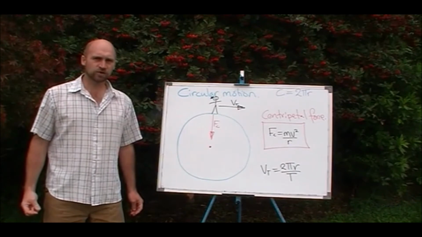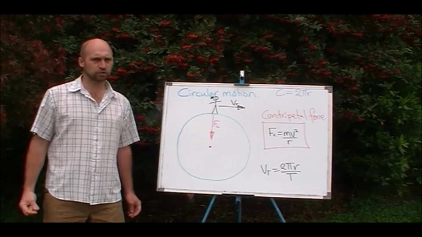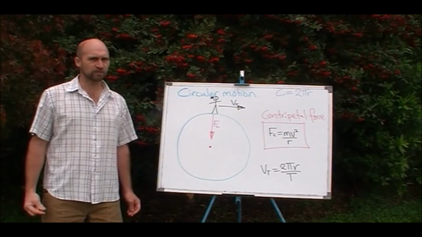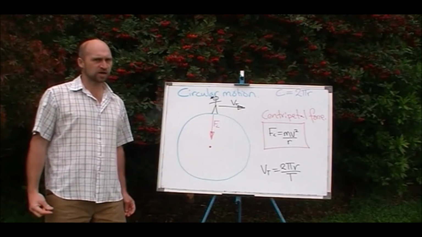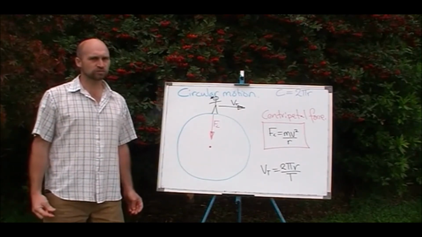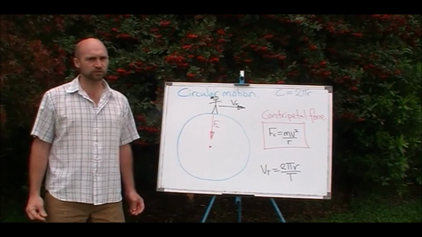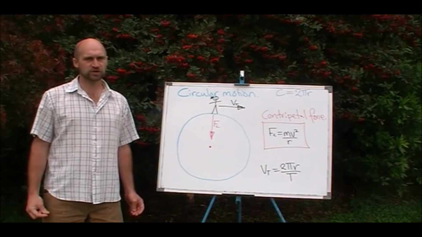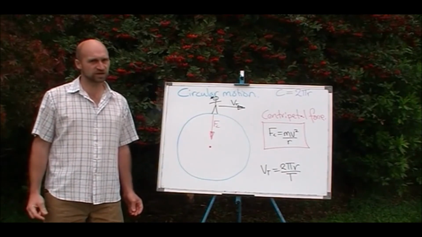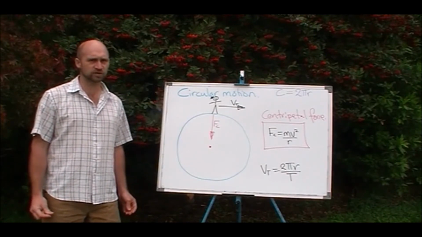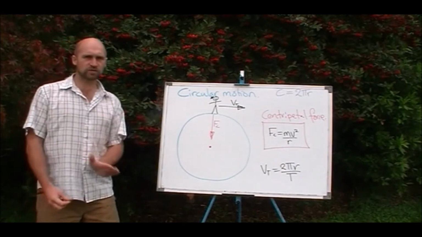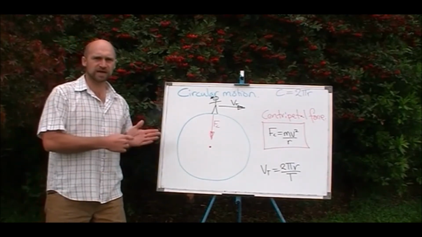What is happening, the reason that you perceive that you're being pushed towards the outside of the corner when you're going around the corner, is in fact that the car is pushing on you to provide you with a centripetal force to make you go around the corner. And because we know that for every action force there's an equal and opposite reaction force, as the door of the car pushes you around the corner, you're pushing back against that.